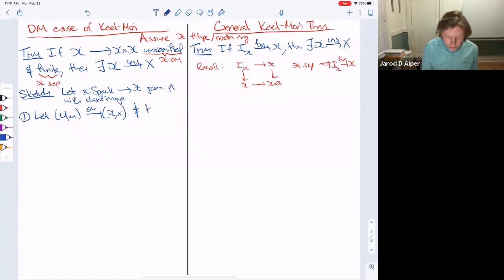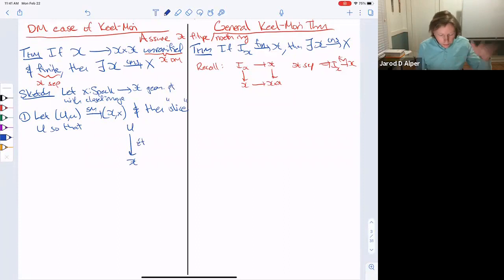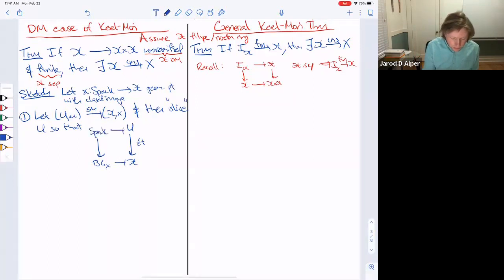What you do is you then slice U to arrange that you actually have an étale cover, and then by throwing away all the other preimages, you can arrange that you have a Cartesian diagram where the preimage of the residual gerbe, or the classifying stack of the field valued point x, is just a point, where this is Cartesian.